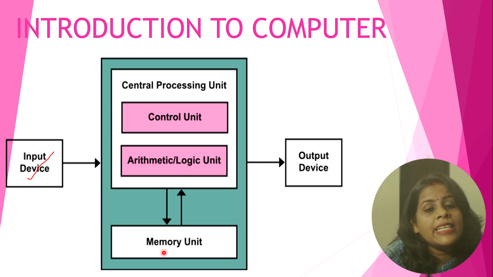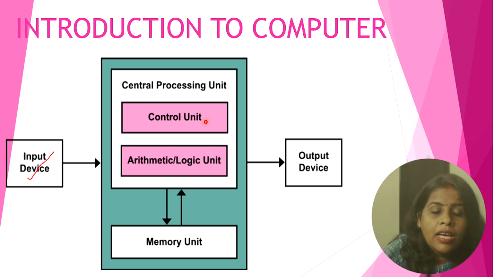There is a register present inside the CPU, and the control unit controls the data buses by which the command goes. The control unit controls the command that goes to our system. And the arithmetic and logical unit helps to take decision what to do, what arithmetic operations are required.